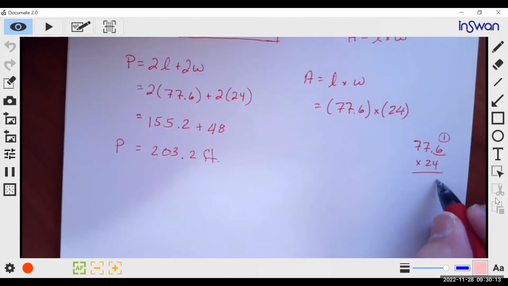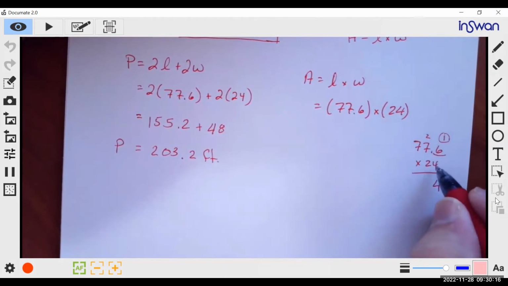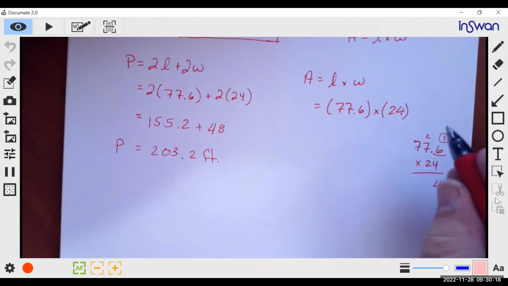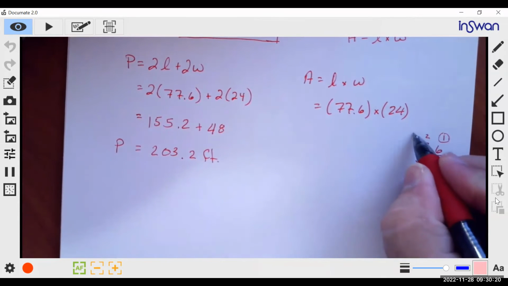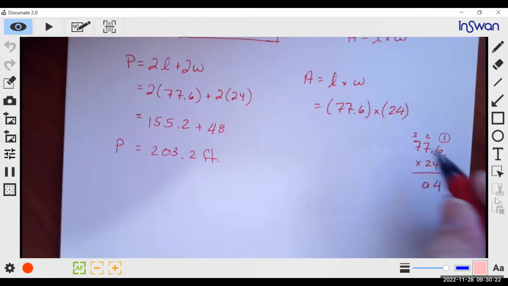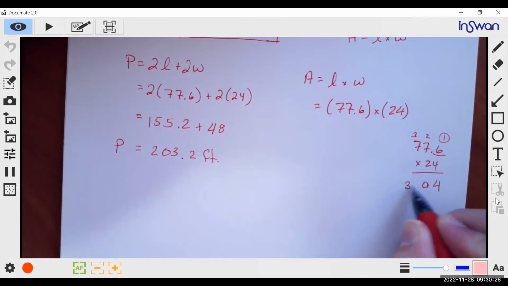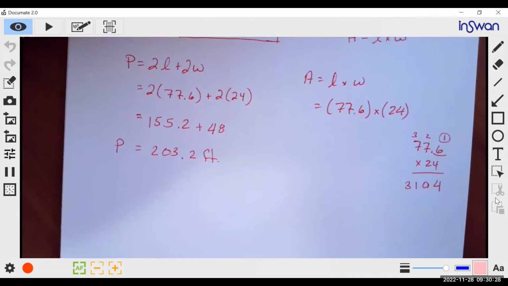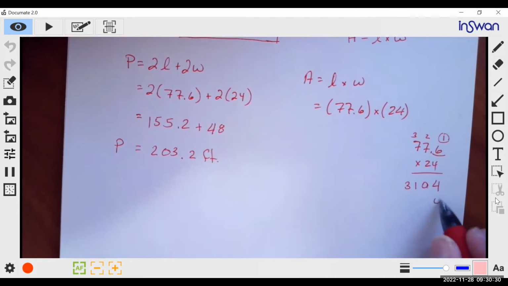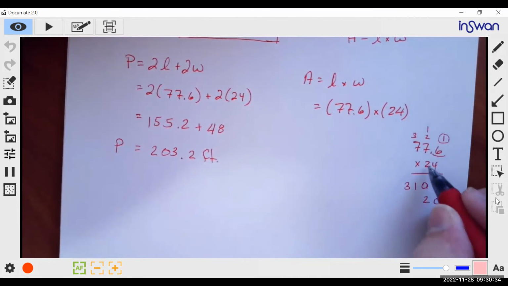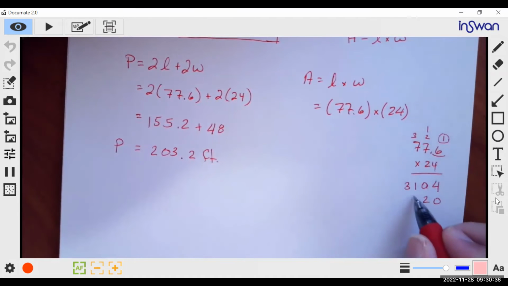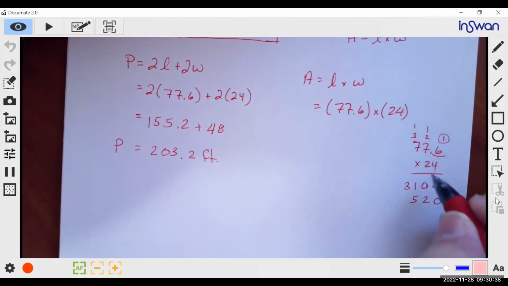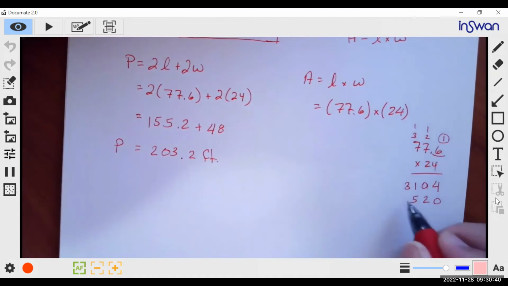4 times 6 is 24. 4 times 7 is 28, 29, 30, 31. 2 times 6 is 12. 2 times 7 is 14 plus 1 is 15.